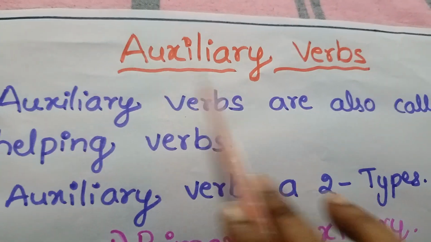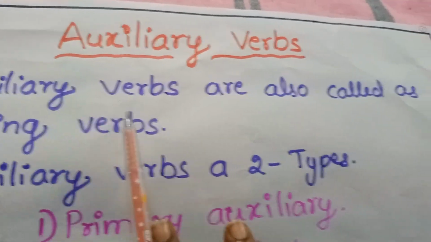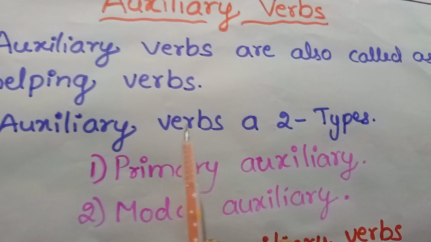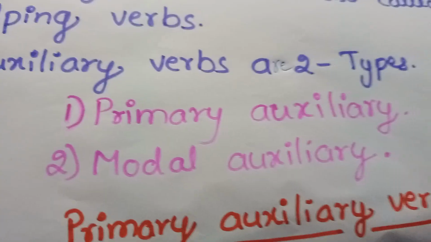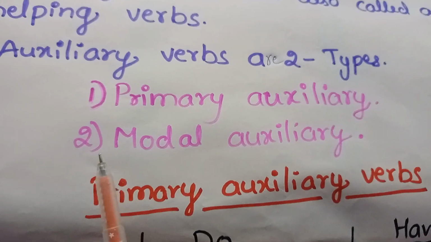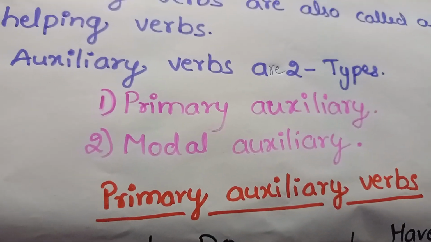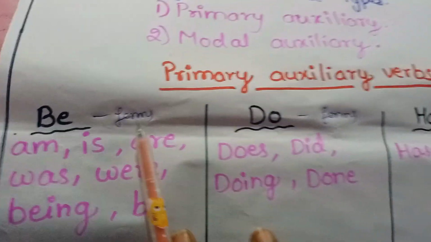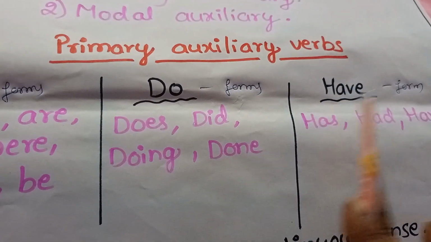Now auxiliary verbs. Auxiliary verbs are also called helping verbs. Auxiliary verbs are of two types. Number 1, primary auxiliary. Number 2, modal auxiliary. Primary auxiliary verbs are be forms, do forms, have forms.